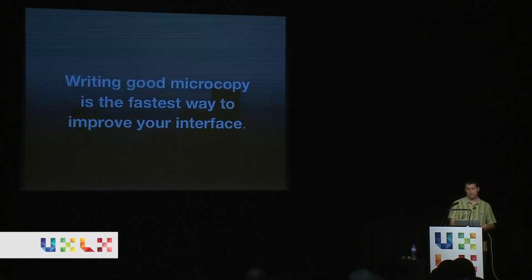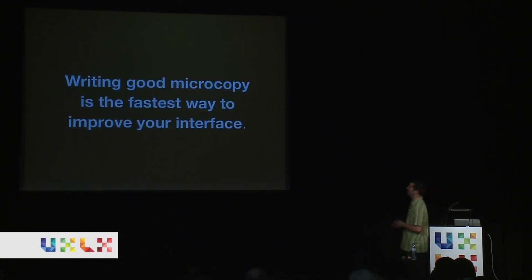So my claim is this: writing good microcopy is the fastest way to improve your interface. If you have 5 minutes to improve an interface, redesigning will take too long. Changing actual elements on the page will take too long. Changing the visual design will take too long. But sometimes just adding a word or two is super easy and makes a huge difference.